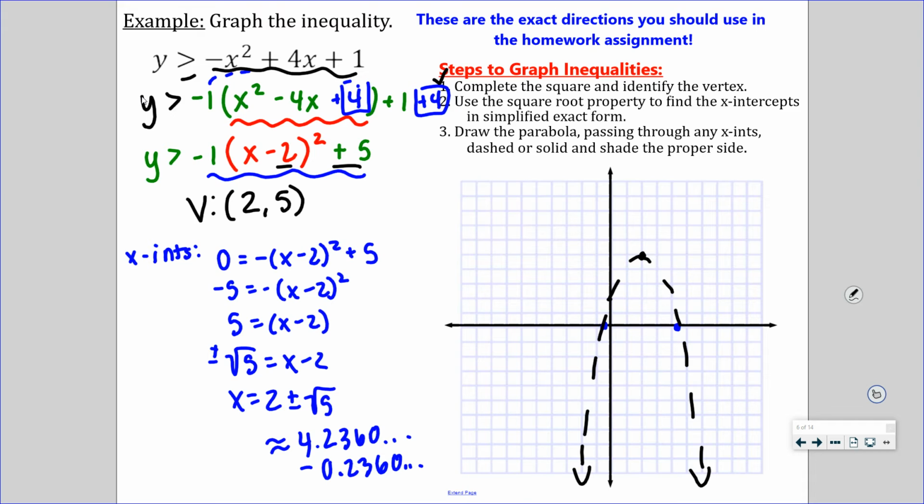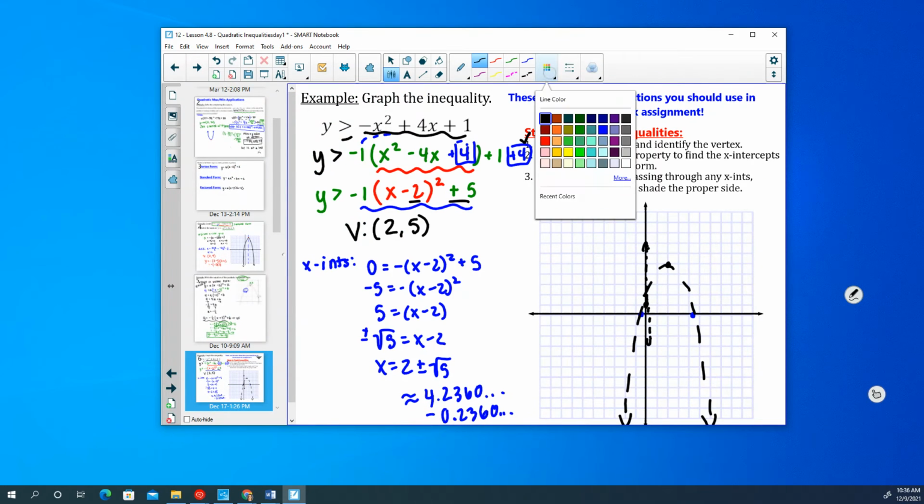That's my y-intercept, so you could have graphed that point if you wanted to. Where are my y values greater than 1? Would it be above, outside my parabola, or below, inside my parabola? Outside, right? Those are the y values that are greater than. If you want to shade greater than your parabola, that's everything outside.